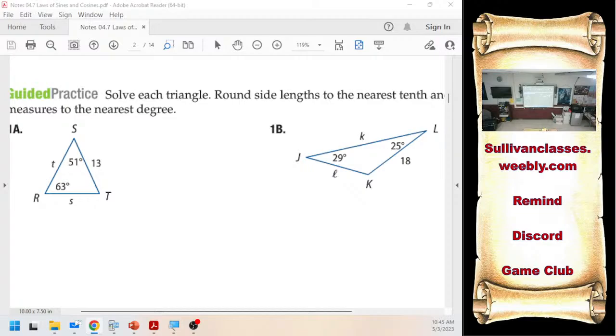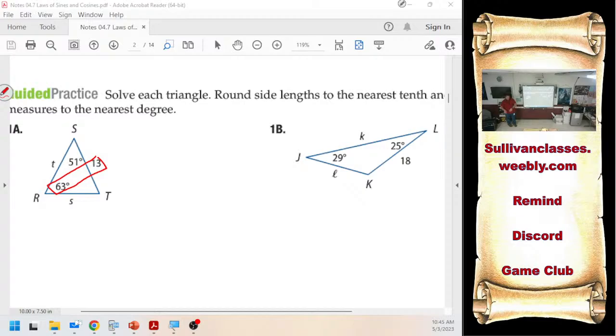That's why I always identify my control pair first. How do you know? It's your angle with the side across from it that you're given. Just like in a scientific experiment, your control is the thing you didn't mess with.